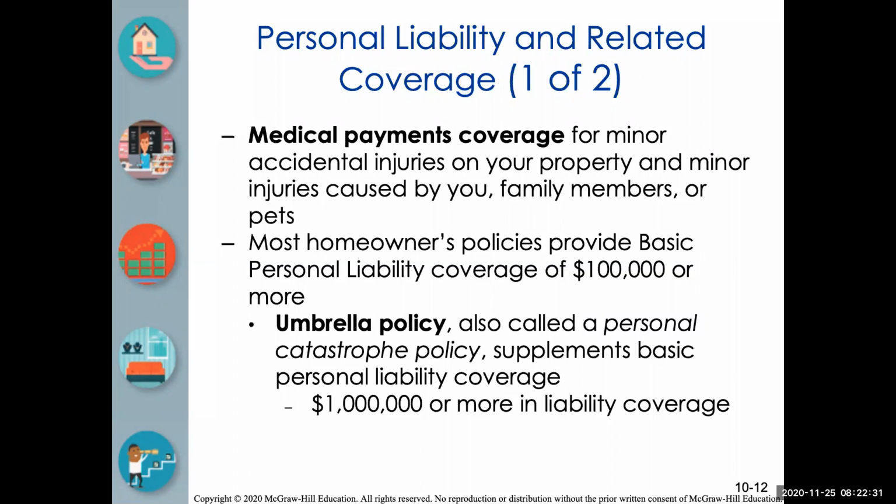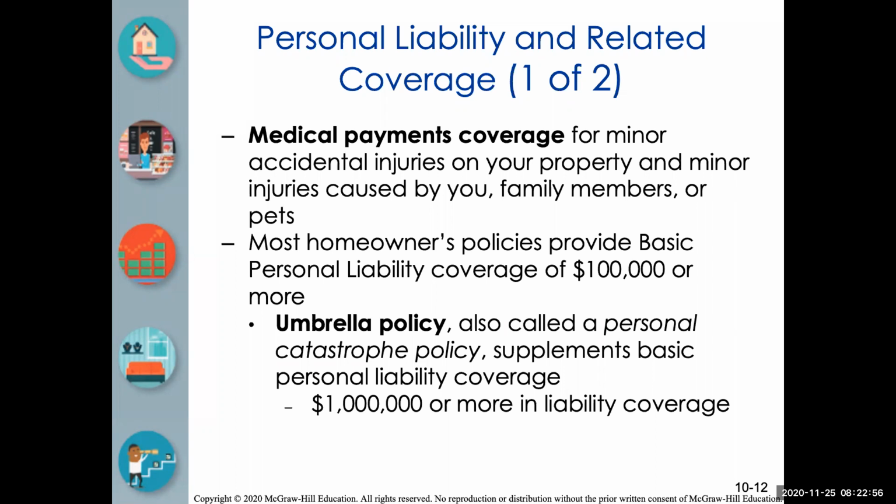And then finally, we have a very important policy that every one of us should have, and it's called an umbrella policy. We also refer to it as a personal catastrophe policy. That goes above and beyond the basic personal liability coverage that you're going to get within the basic homeowners policies.